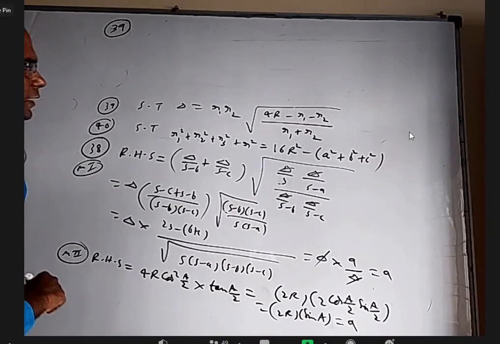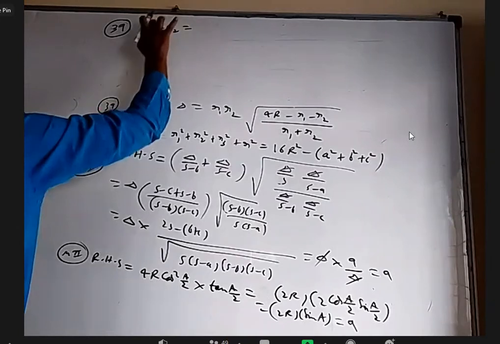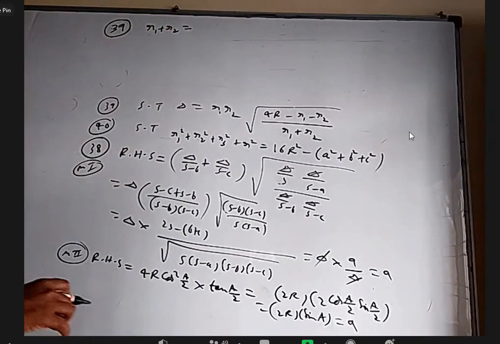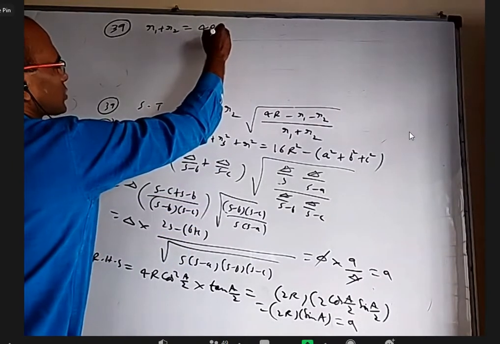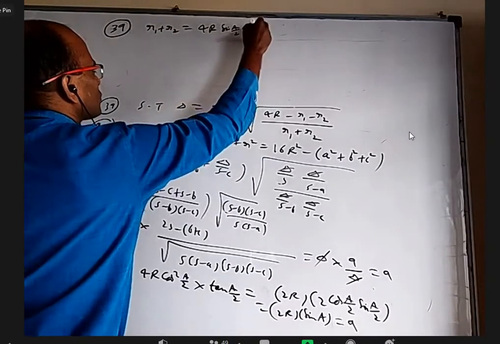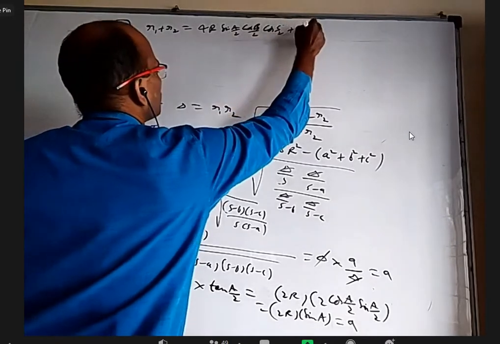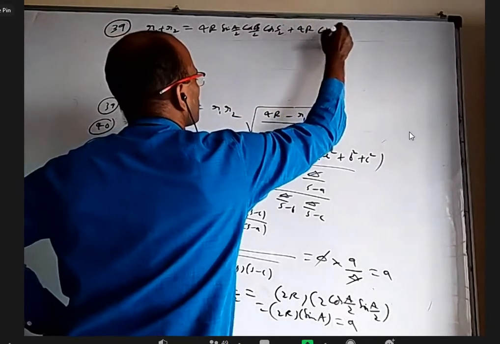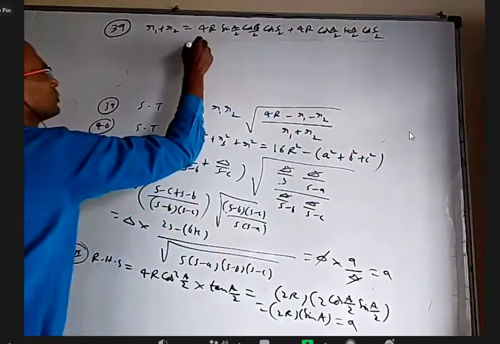Okay, 39, R1 plus R2. If I simplify, I'll get 4 capital R cos square c by 2, but I'll write 4 sin a by 2 cos b by 2 cos c by 2 plus 4 capital R cos a by 2 sin b by 2 cos c by 2.